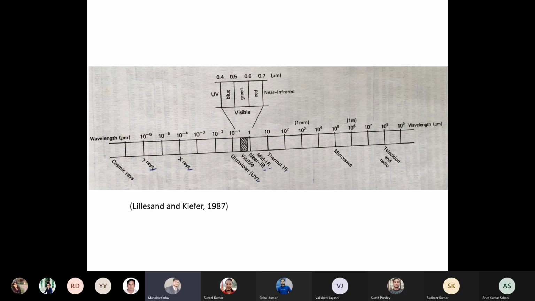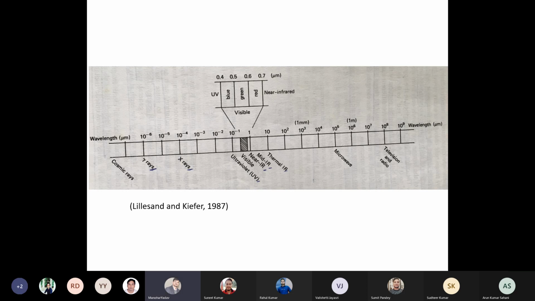I already told you, you need to remember the different wave bands which are there in the electromagnetic spectrum. As you see in the diagram, along the wavelength axis there are many bands, from cosmic rays to radio waves. We have already discussed which particular band we need to consider for remote sensing.